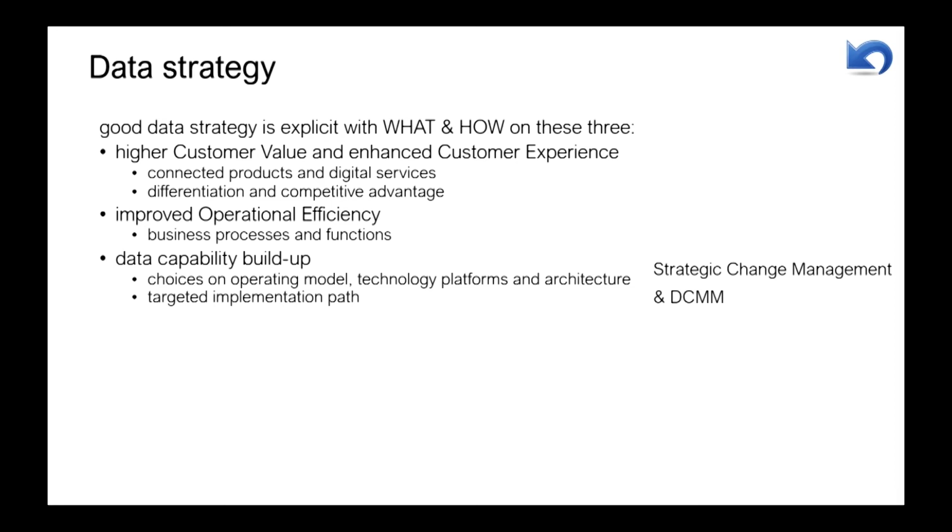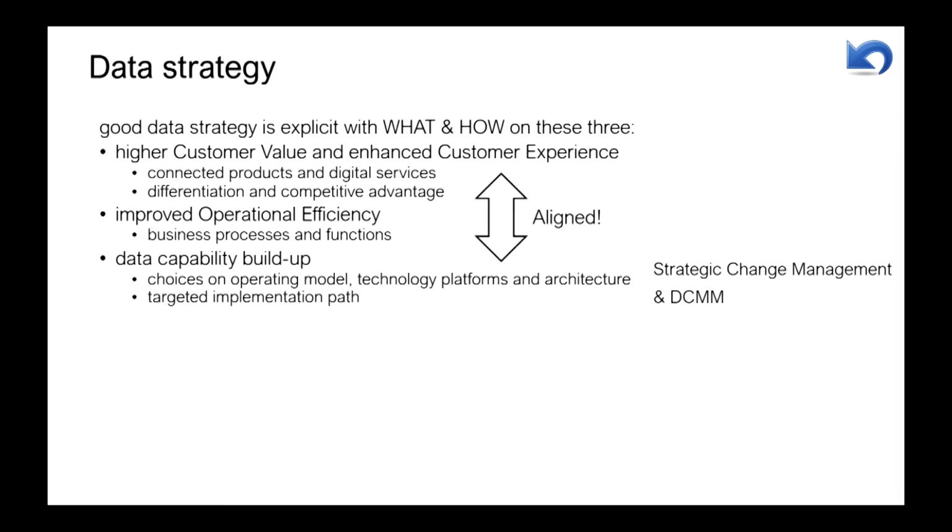The third data strategy domain takes us very close to strategic change management and data capability maturity model. In other words, data capability buildup can be kicked off without data strategy. However, the further we go, the bigger the risks without foundation set by data strategy. The need for solid foundation is evident.